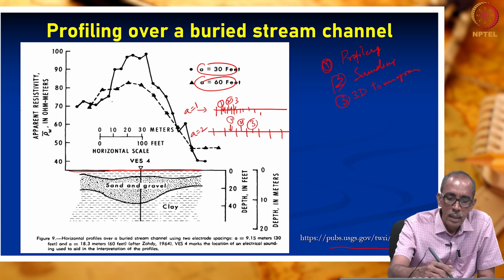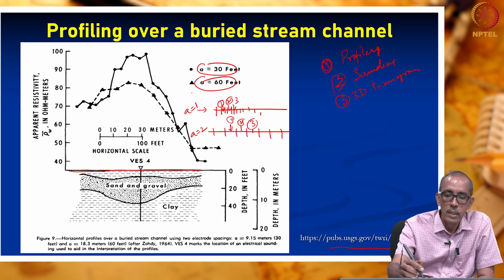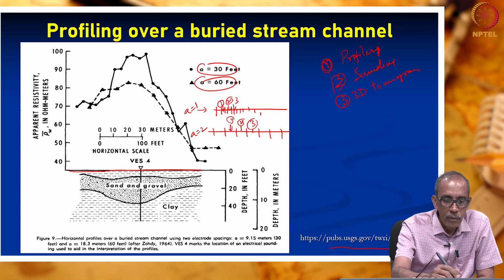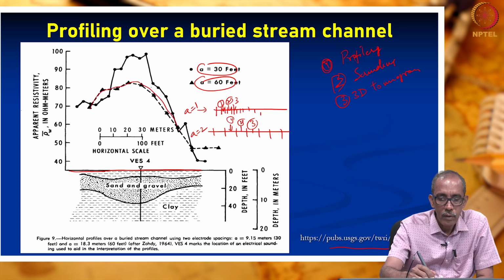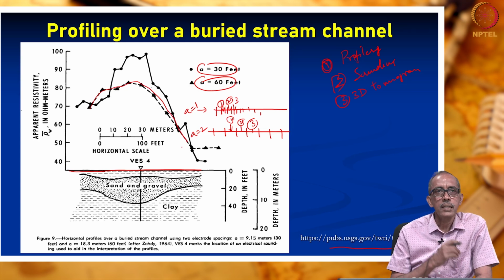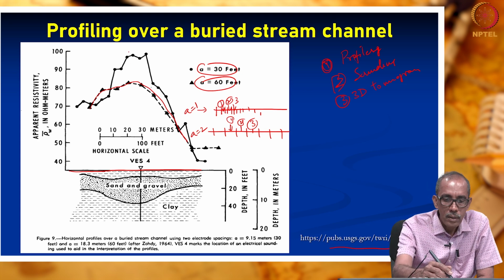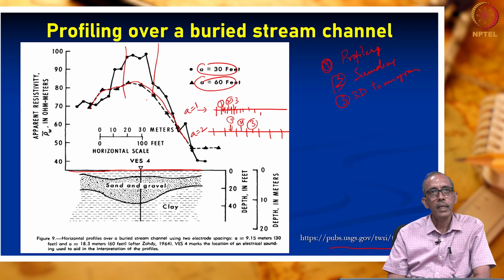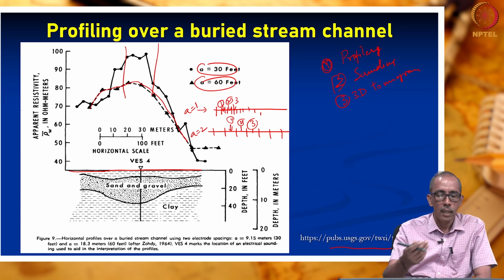Similarly, here these researchers have carried out investigation for different depths to bring out the subsurface geology. From the way in which the profile was changing, what is evident is whether A is 30 or 60, at this location the resistivity values were higher. Why are the resistivity values higher?